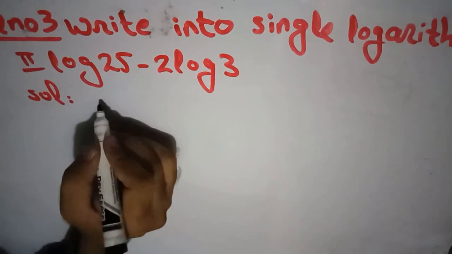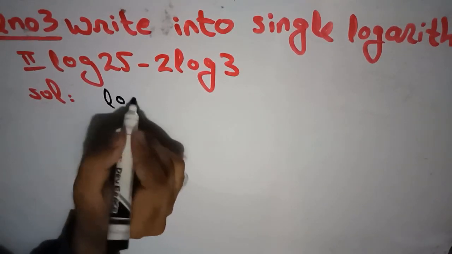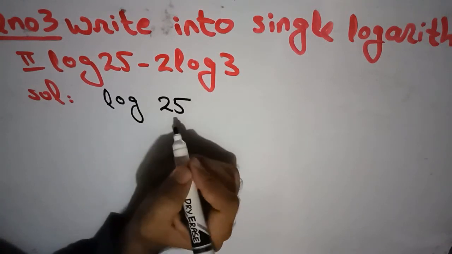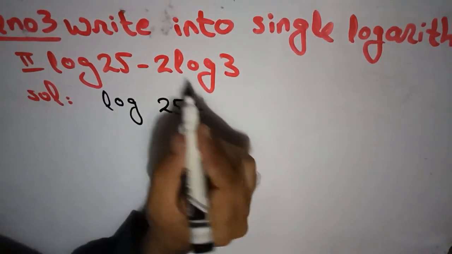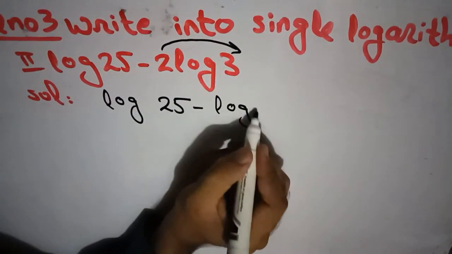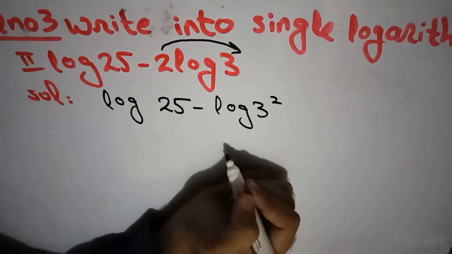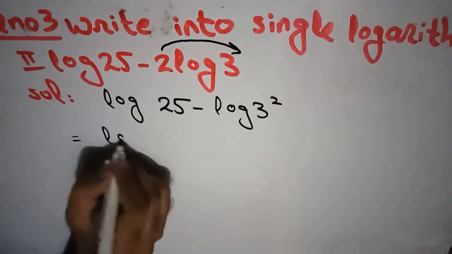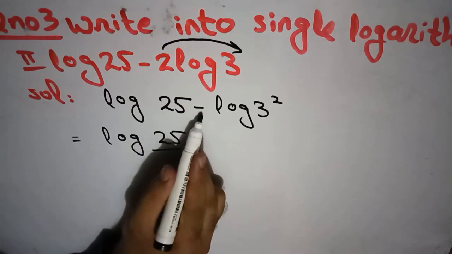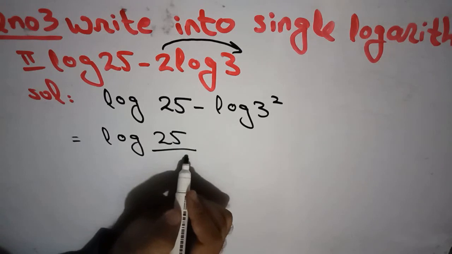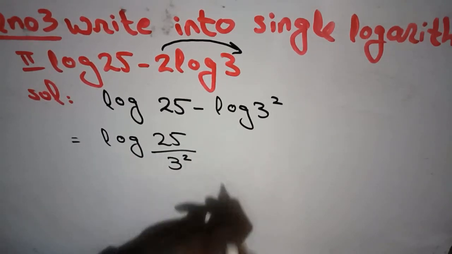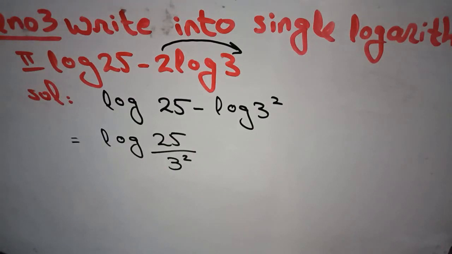The 2 goes to the power of 3, so you write it as 3 square. In the next step you write log 25 over 3 square, because the negative sign changes into the division sign, and this 3 square is written in the denominator. Okay, this is the answer.